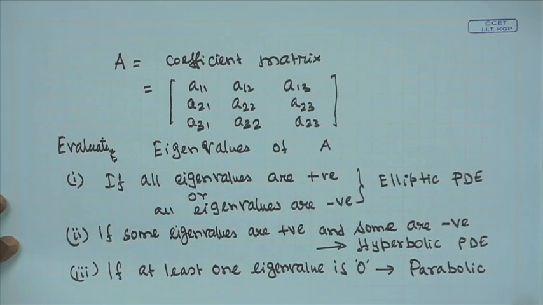Okay. So, by looking into the coefficient matrix of the order 2 terms in a 3 variable problem, we can get the coefficient matrix. By evaluating the eigenvalues of the coefficient matrix, and by looking into the sign of the eigenvalues and their values, we can come to know about the nature of the partial differential equation we are dealing with.